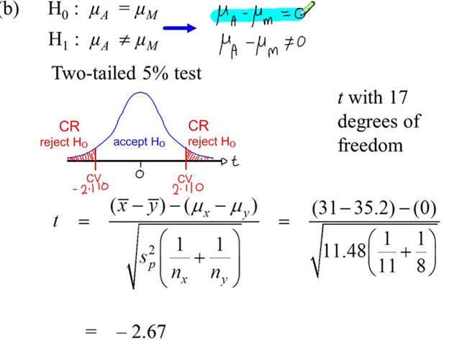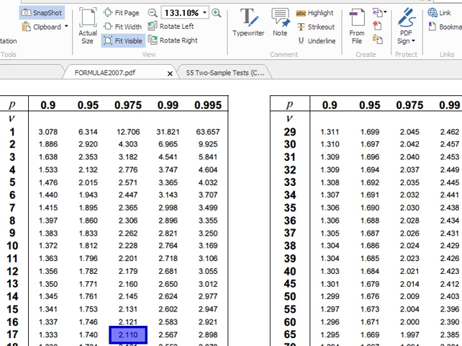Calculating the test statistic, this value is 0. Looking up 17 degrees of freedom with a probability of 97.5% from the t distribution tables, 2.110.